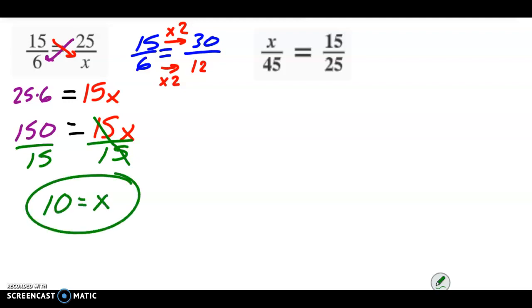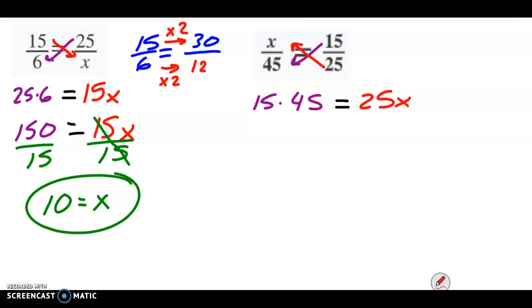So we're going to be using that main rule of proportions to walk through these equations, setting these equations up, and then being able to solve them. Just like this other side over here. So I've got 15 times 45. And I don't know what that x is, but I know that that cross product has to equal 25 times x.